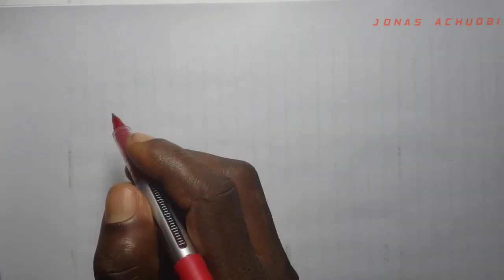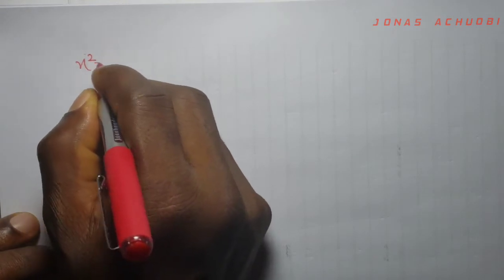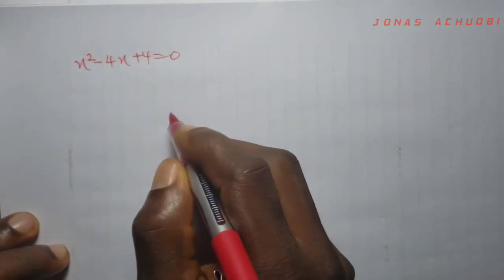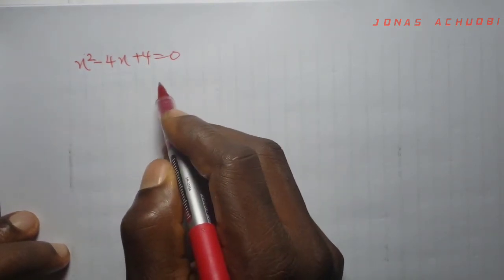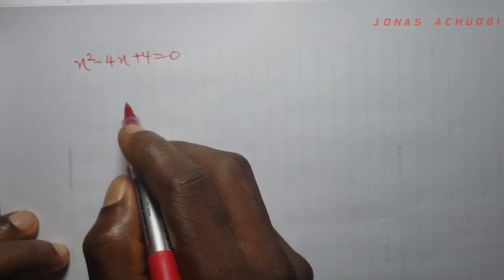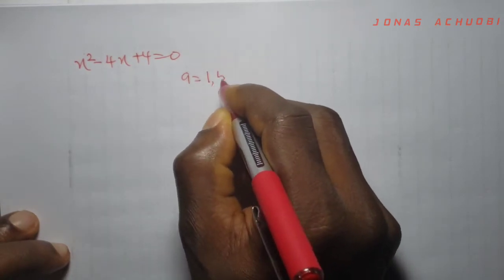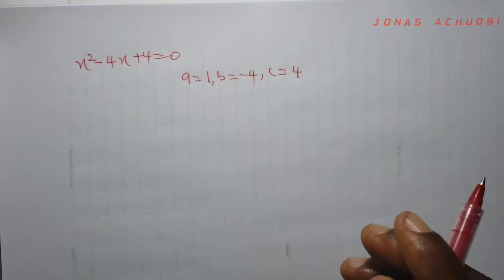For example, if we are given the equation x squared minus 4x plus 4 equal to 0, and we are asked to investigate the nature of the roots of this equation, then we'll check out the discriminant. First of all, our a is 1, our b is negative 4, and c is 4.